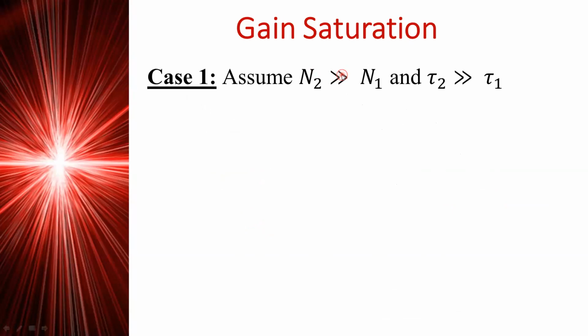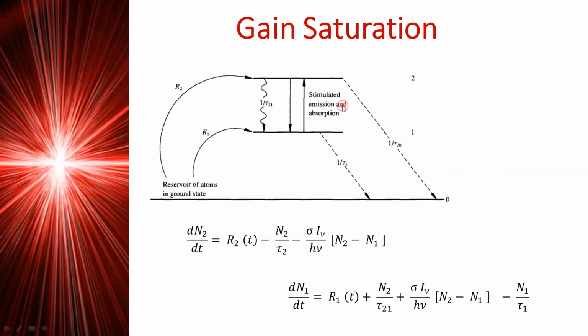Okay. But what about tau 2 and tau 1? Actually, we did not invest a lot of time about taus in general. What is tau 2 and what is tau 1? I can say that tau 2 is the lifetime of the electron in energy level number 2, and tau 1 is the lifetime of the electrons in energy level number 1.